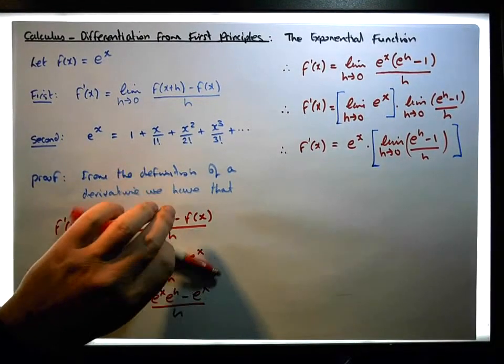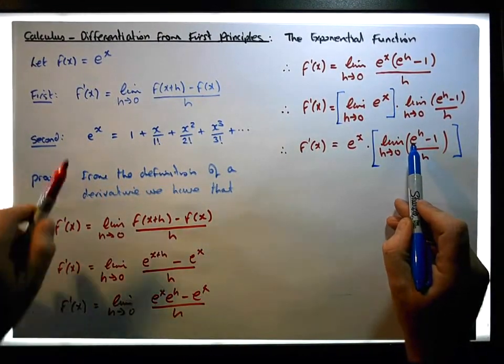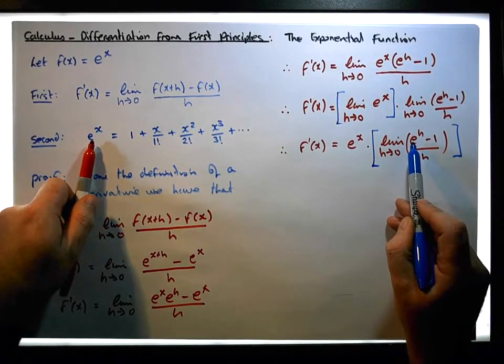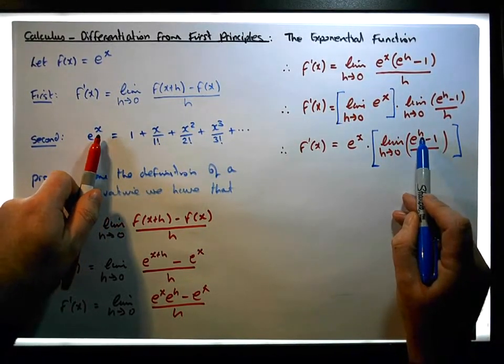Okay. So what we can do is look at the Taylor expansion of e to the x, in this case where x is h.